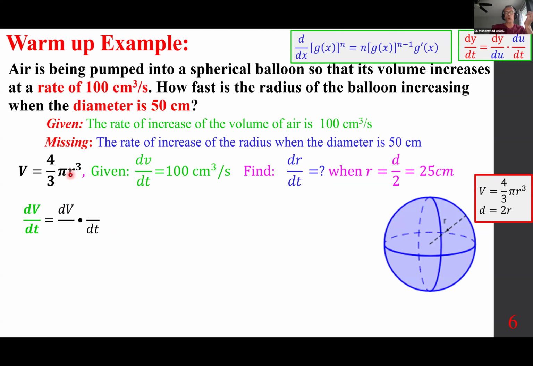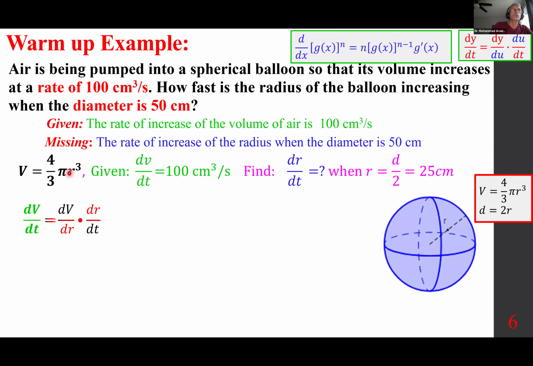So dV/dr times dr/dt. So what do we do? We are going to differentiate this with respect to t.